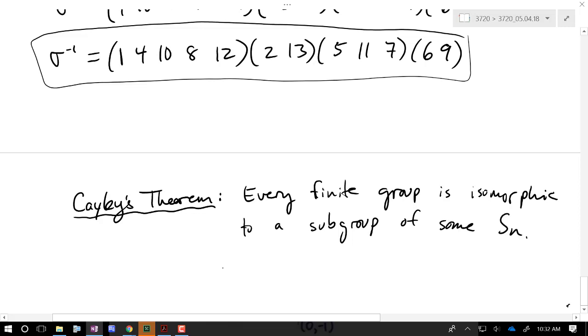In particular, if the order of G is n, then G is isomorphic to a subgroup of Sn.